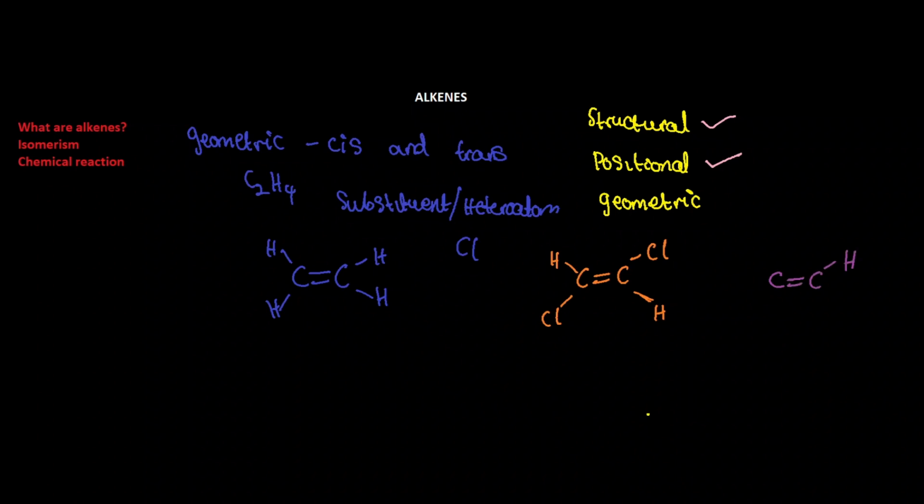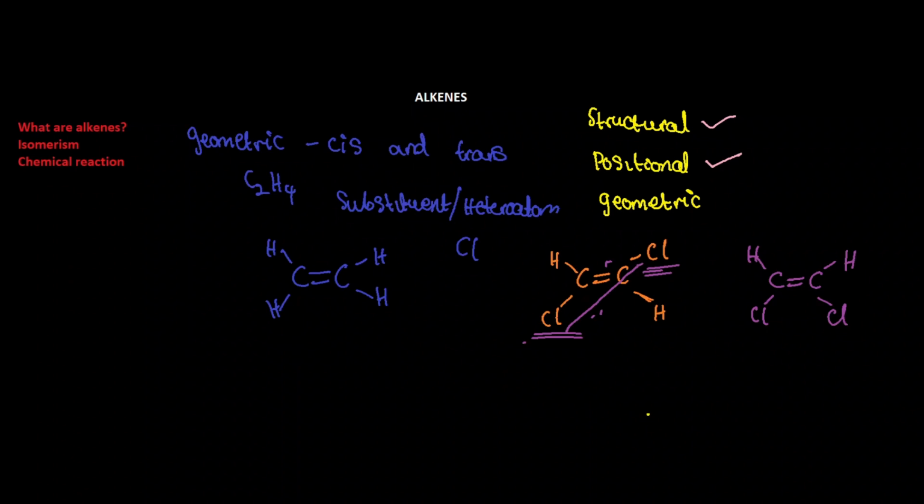So C, H, H and then Cl, Cl. Now notice that in this case the chlorine atoms exist on opposite sides of the double bond. This chlorine atom is on top and this chlorine atom is below, and if we were to draw a line connecting them, it would be a diagonal line.